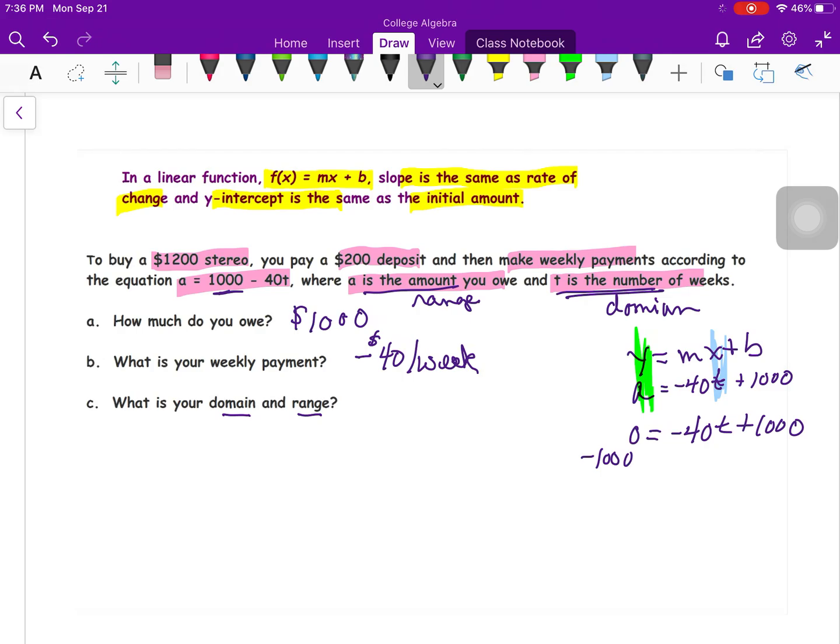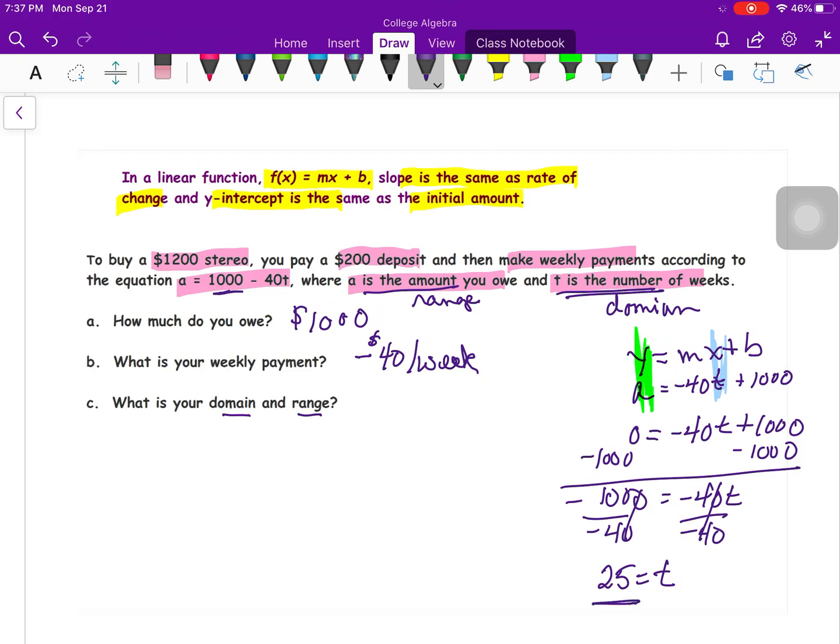Subtract 1,000: negative 1,000 equals negative 40t. Divide by negative 40, and 25 equals t. So that means I have up to 25 weeks to make my payments. So I can have 0 to 25 weeks.